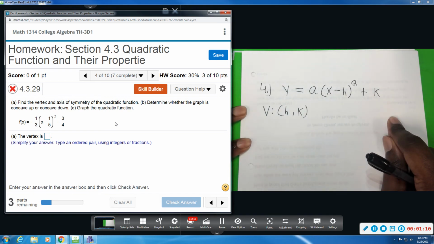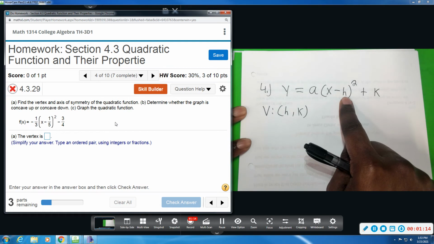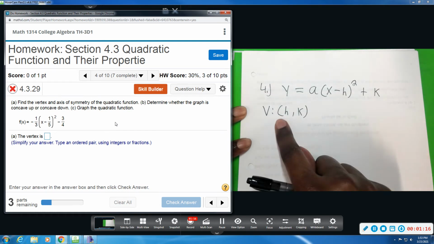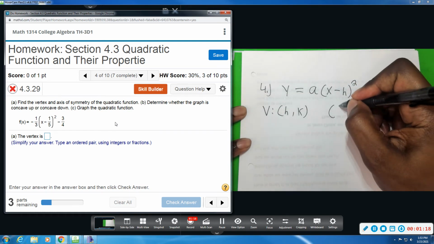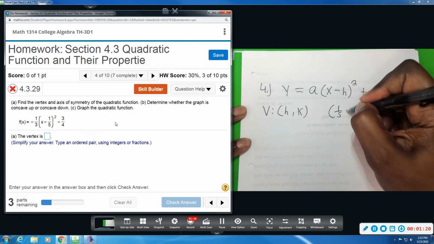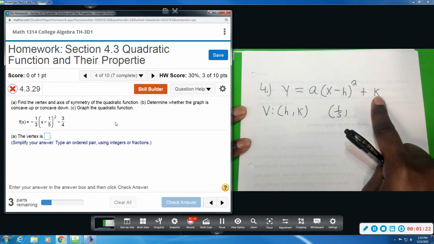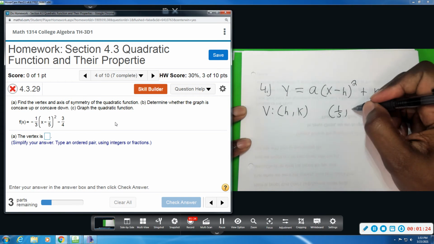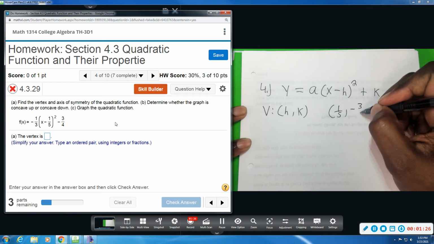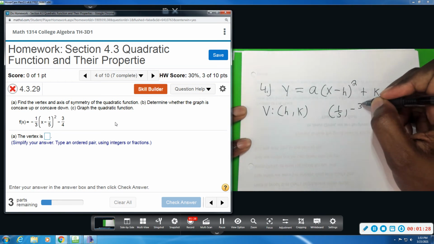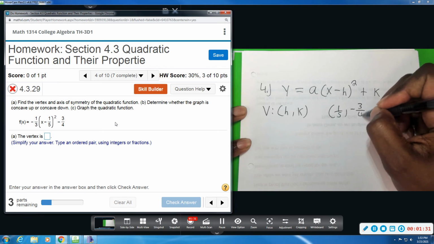So in our example, the h matches up with a negative 1/5. So when we change it, it'll be a positive 1/5. And then the k on the outside is a negative 4/3, and we leave the same sign. So negative, sorry, I said 4/3, 3/4. Negative 3/4.